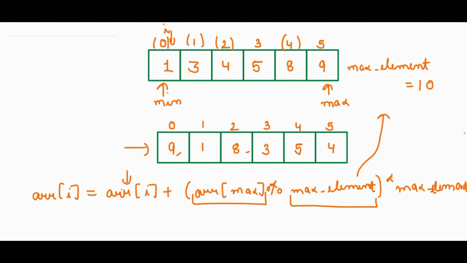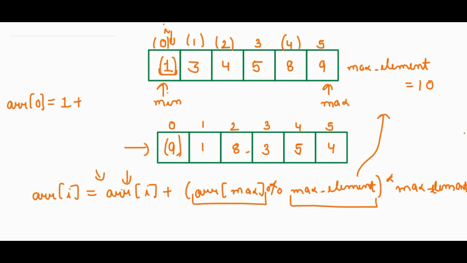So we will use this logic on every element, and we will integrate the value whatever we need on that position with the value that is present there. So we will integrate 1 and 9. Okay, so how we will do that? Let's see. We will use this formula array of I. So array of I here is array of 0 is equal to array of 0, which is 1, plus array of max.